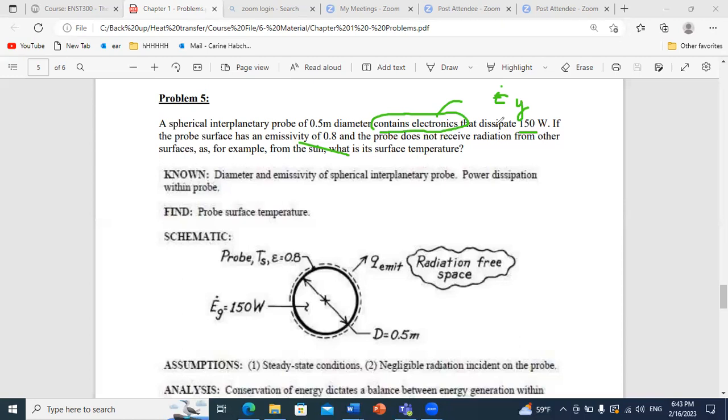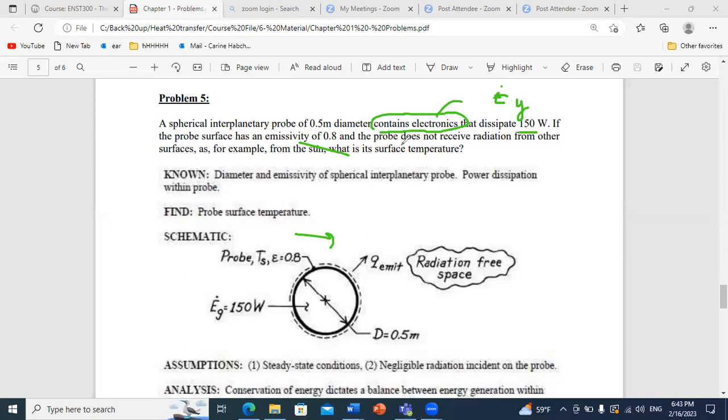That's why they don't give you the emissivity. When they give you the emissivity, and let's say they gave you a flow over the surface, you should consider both convection and radiation loss to the surrounding. Here, because they just gave emissivity, you can consider that I have heat loss just by radiation mode.